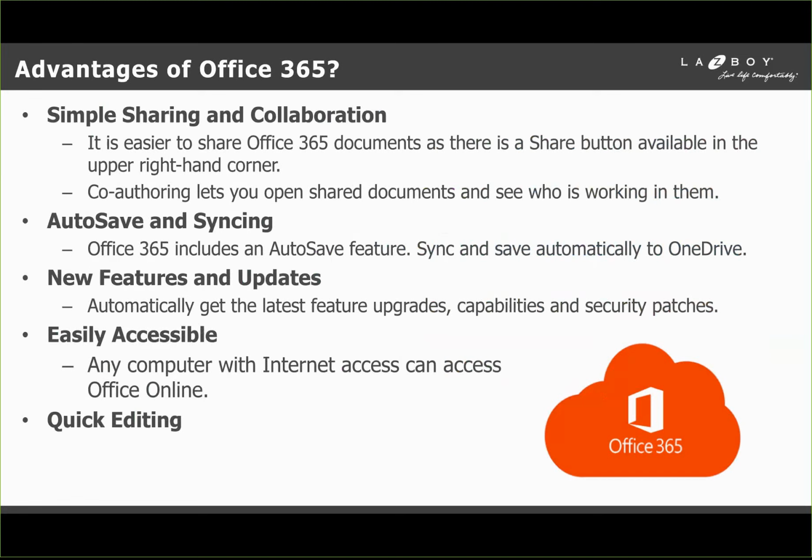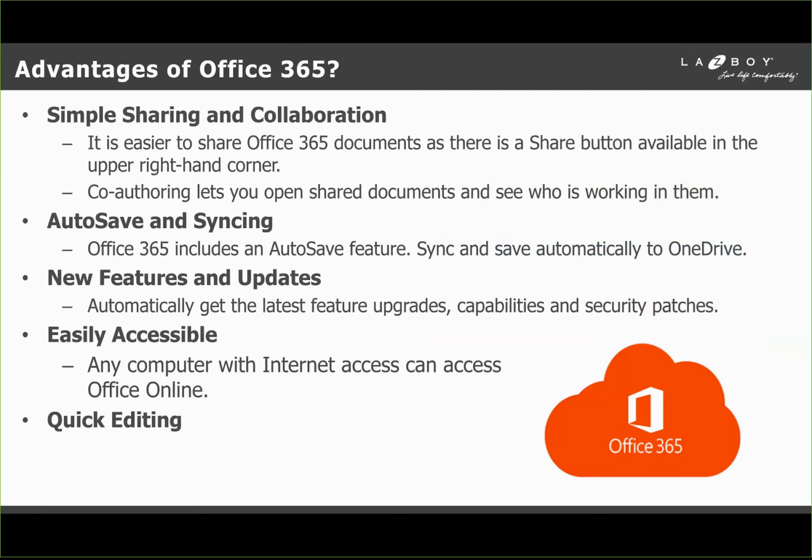The sharing is simply a share button at the top right of all your products. So in Excel or PowerPoint, you can share a PowerPoint instantly with someone. And the nice thing is they don't even have to be part of the company. If you have their email address, it'll share that document directly with them. That's not something we can do today, but now it's possible with this version of Office.